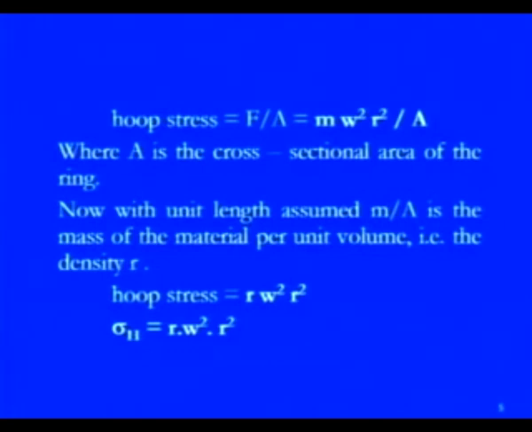That is, with that kind of density, we can say that the hoop stress sigma h is nothing but rho into omega square r square, the density into omega square into r square. Since we are considering the mass of material per unit volume, density always comes in. So here we are simply considering the density rho into omega square r square.